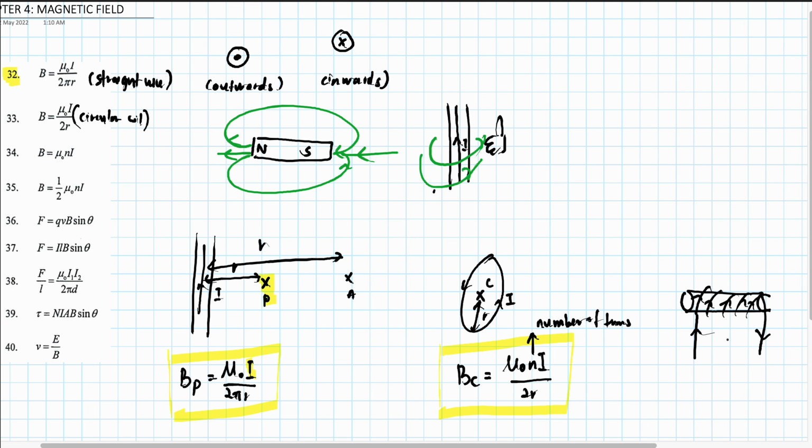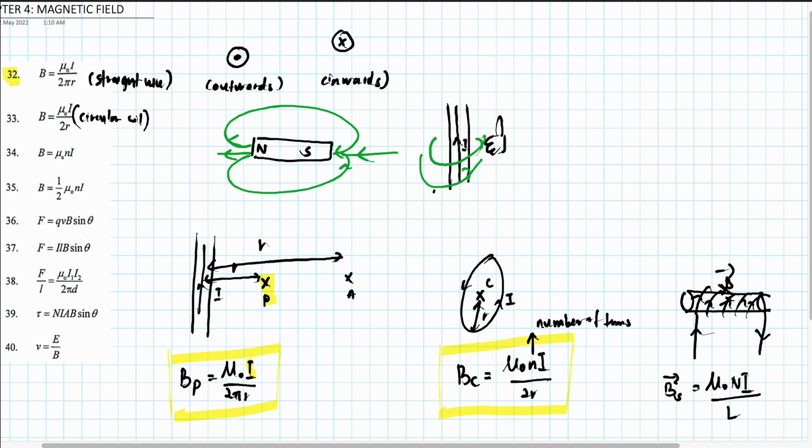So wire ini bila ada current flow, dekat tengah-tengah solenoid ini dia akan ada magnetic field, at the center of the solenoid. So kalau kita nak cari magnetic field at the center of the solenoid, kita akan guna formula mu naught Ni bahagi dengan L. So this one is for the center of the solenoid.